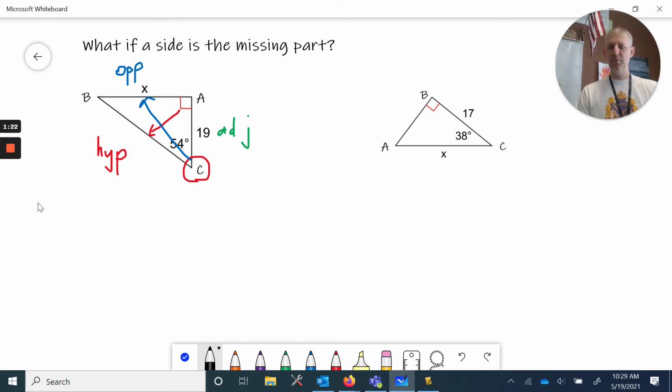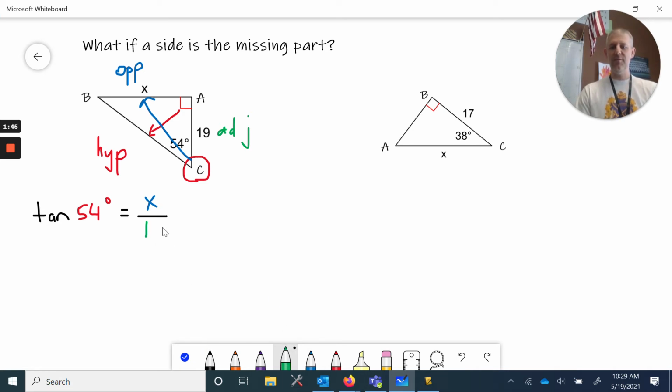So tangent of my reference angle C, but in this case I know C this time, and that's something I haven't seen before. My reference angle is 54 degrees, so I have tangent of 54 degrees, and that's going to equal opposite over adjacent. My opposite is X, and my adjacent is 19.